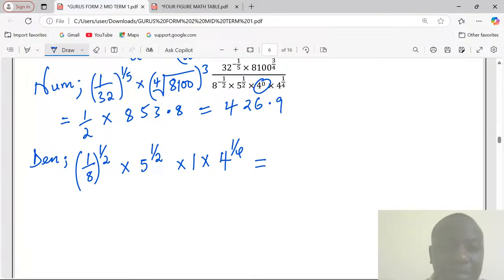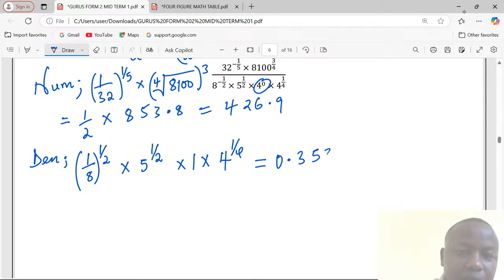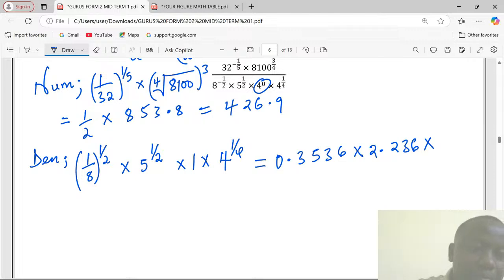From this now, I can apply the fractional law, whereby it means the square root of everything here. Square root of 1 over 8 is going to be 0.3536, multiplied by the square root of 5, which is going to be 2.236, multiplied by 1, multiplied by the fourth root of 4, which is 1.414.